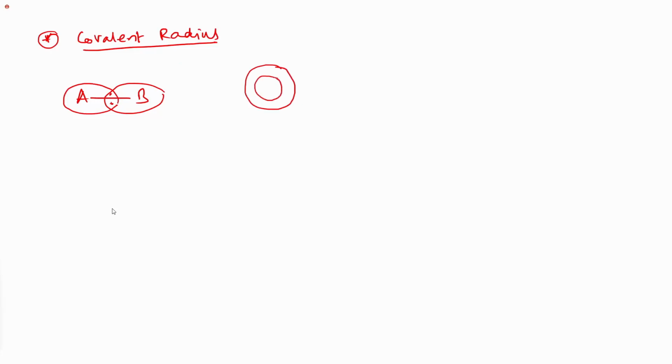Suppose there are two atoms. This is the A atom and this is the B atom, and this is the valence shell. The inside circle is the nucleus.